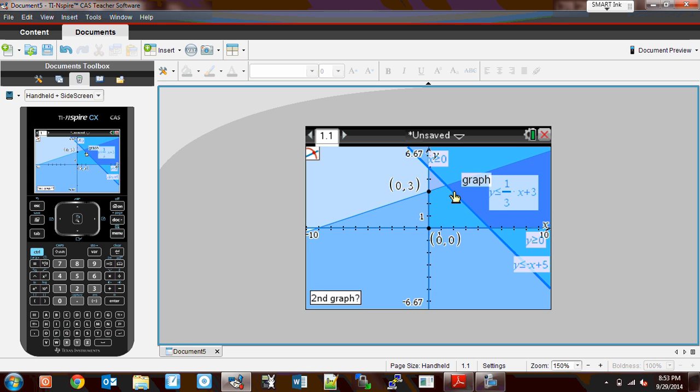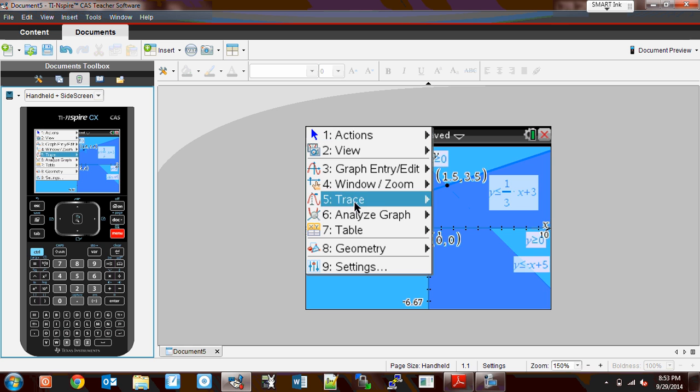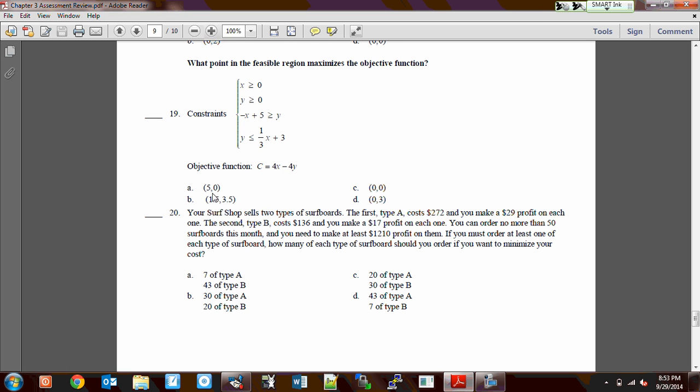This graph and this graph, lower and upper. So there we go. And then our last one, here and here, lower and upper. So there's our points: 0, 3, 1.5, 3.5, 0, 0, and 5, 0. And if we flip back to here, all of these 4 answers are the 4 points that we found.